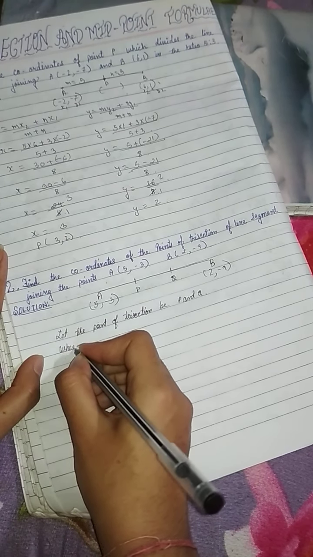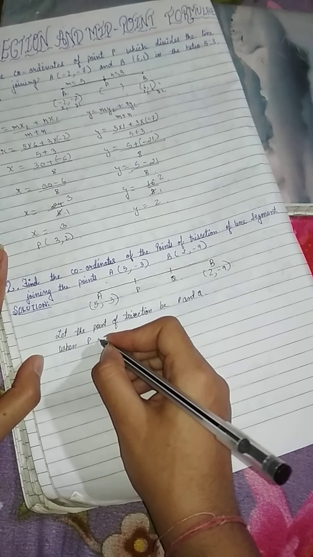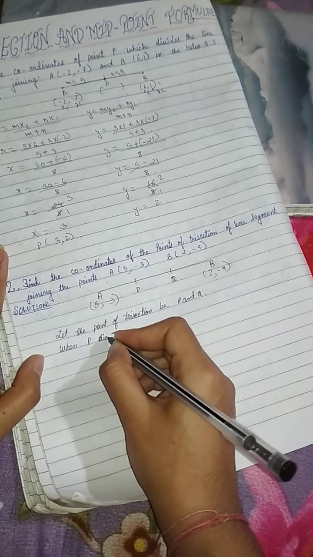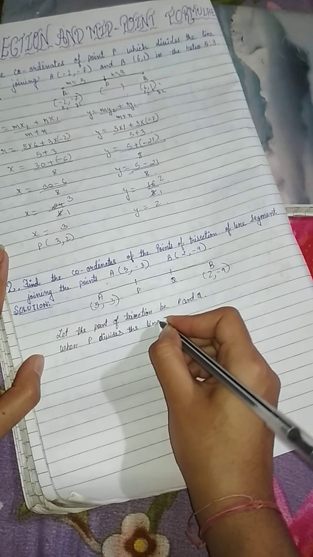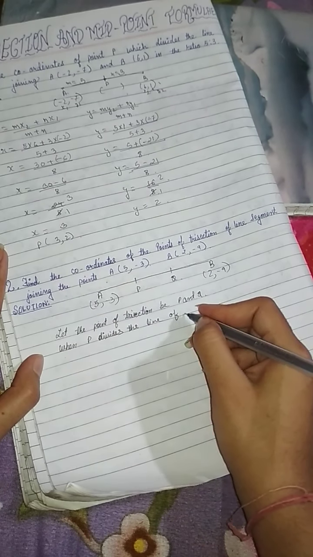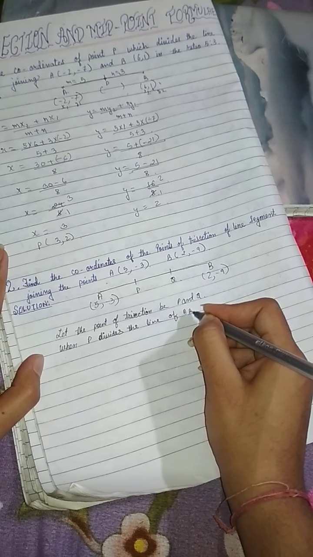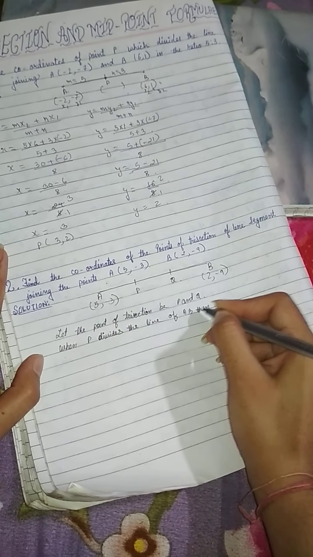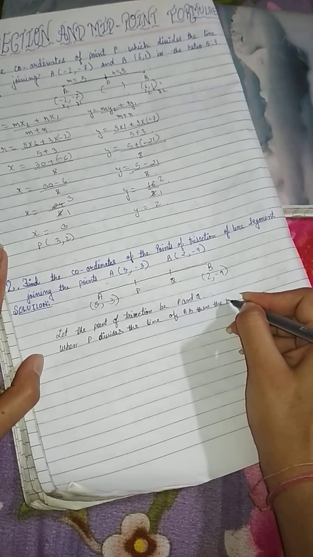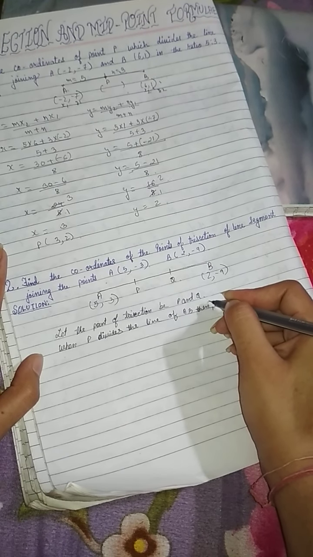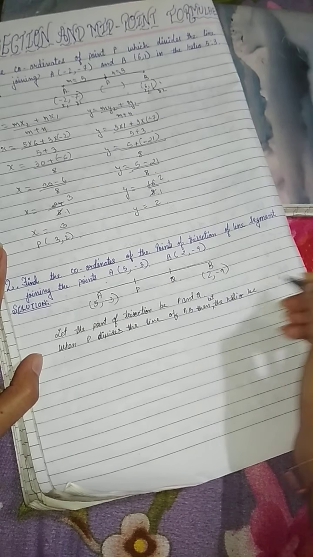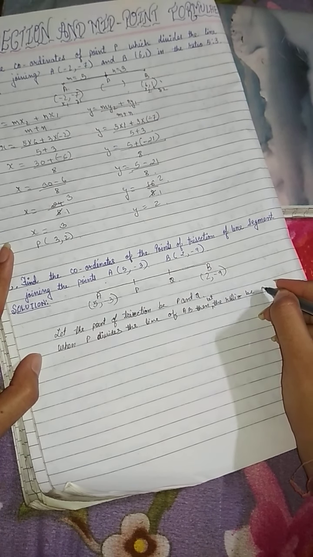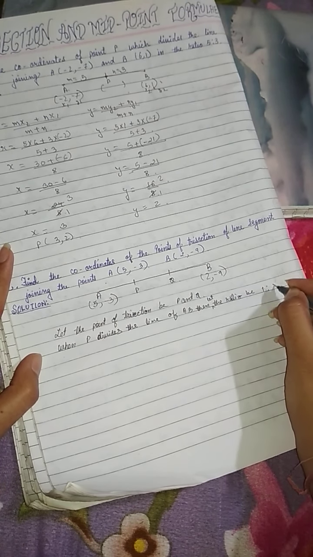Okay, so first, when P divides the line AB, let the ratio be 1:2.